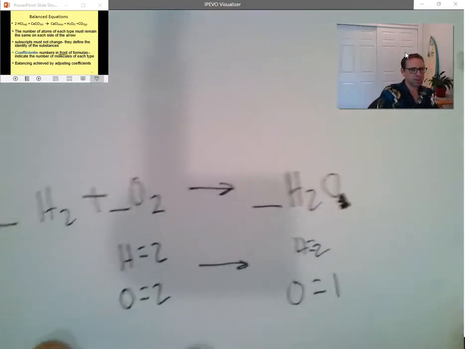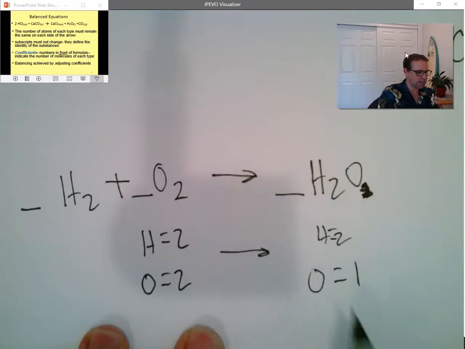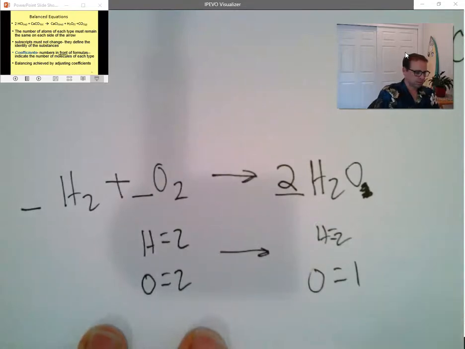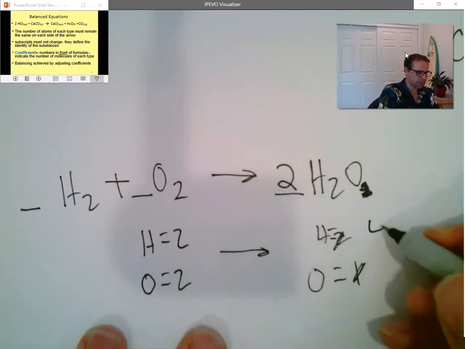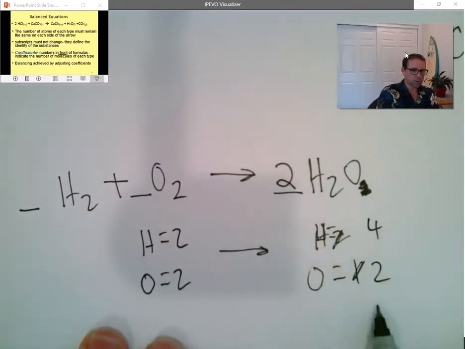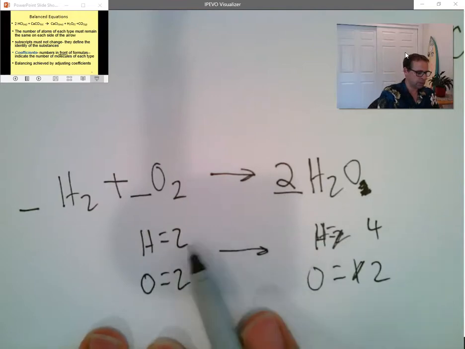Okay. So in this case, I see I need more oxygen to balance it. So I'm going to start by putting a 2 there. After I put the 2 there, I have to recount. And I see I have 4 hydrogens now and 2 oxygens. Then I can come back over here and see what I can do to increase my number of hydrogens.